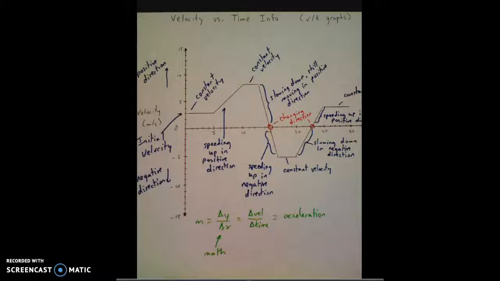In this case, we're multiplying time, which we call the base, by velocity, which is on the vertical axis, or seconds times meters per second, and the seconds cancel out and we're left with meters. So in this case, the area under the curve is actually equal to the displacement.